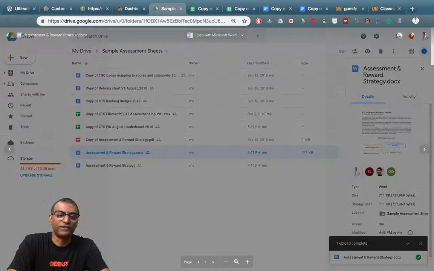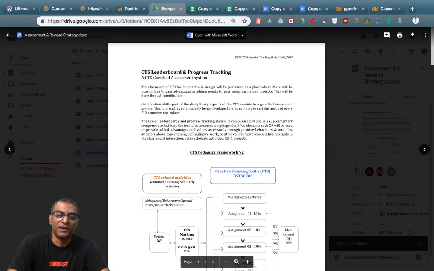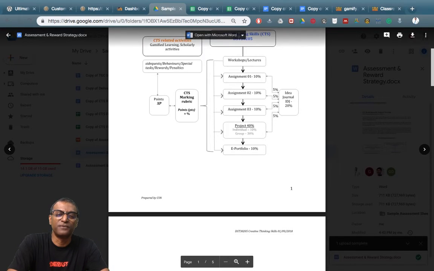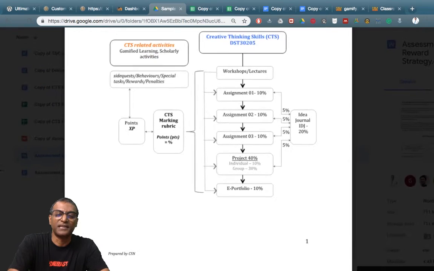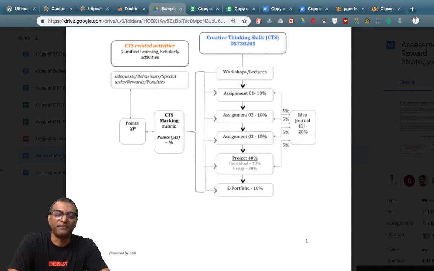According to the strategy that has been uploaded and shown to you before, every assignment contributes 5% to the idea journal. All these percentages, including the 5% idea journal, the 40% project, and the e-portfolio, will be converted to XP points.